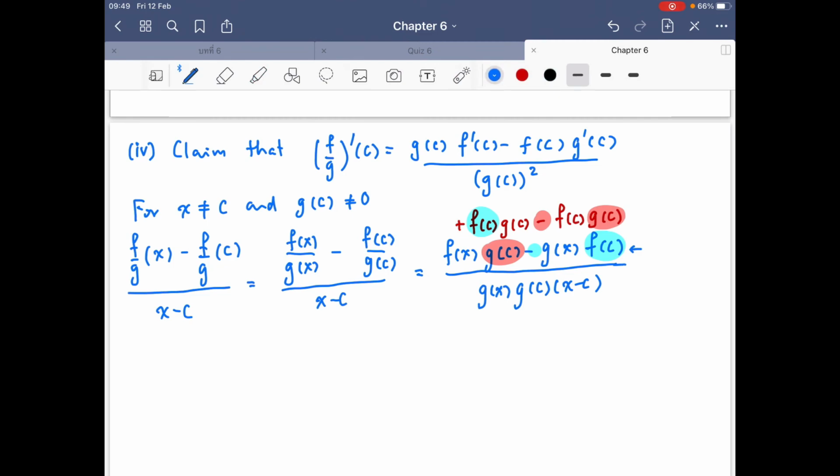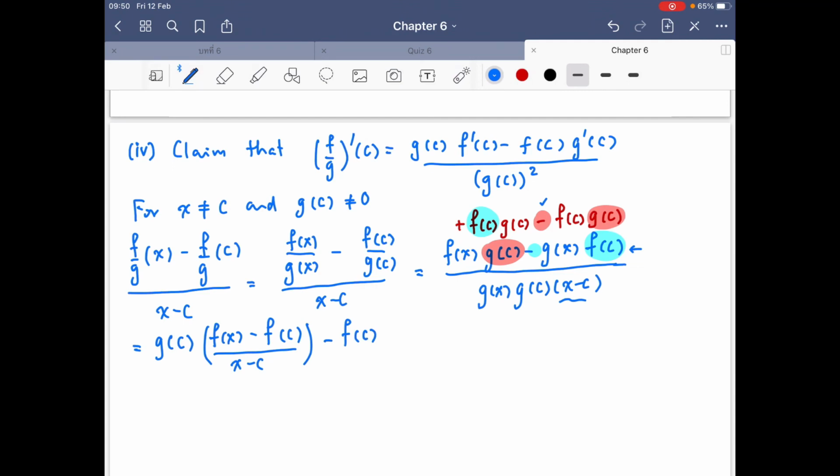So let us do it like that. For the first two terms, you just pull out g of x, g of c, and then you are left with f of x minus f of c over x minus c, the quotient, and then subtract your f of c.